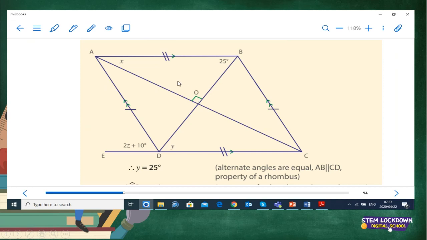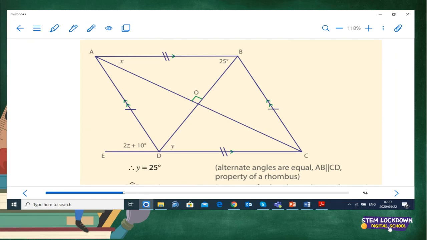So you can use the sum of the angles of triangle AOB. If you add X, 25, and 90, you should get 180 degrees. If you add 25 and 90, you get 115.